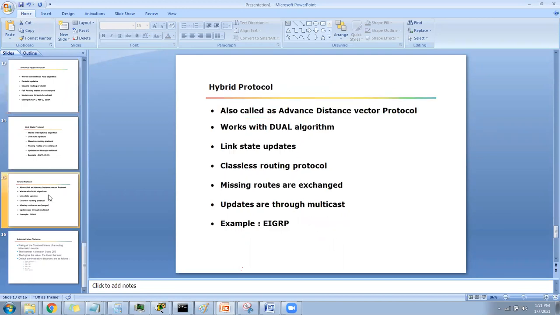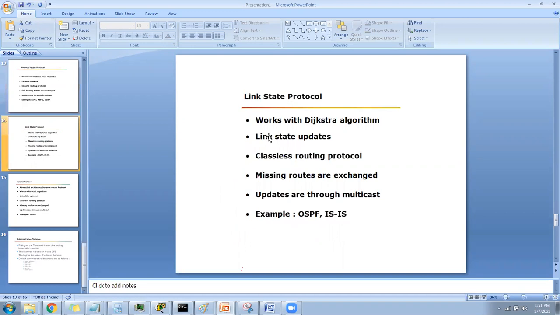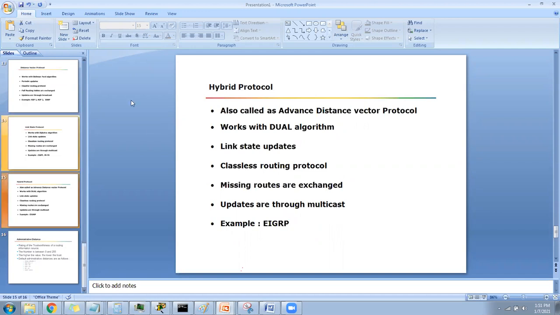And the third one, which is the last, is the hybrid protocol. In the distance vector protocol, there are some advantages and some disadvantages. Whatever problems were in the link state protocol got solved, but it also has some problems. In the hybrid protocol, all the advantages from distance vector and link state are combined. It is also called advanced distance vector protocol, and works with the DUAL algorithm.